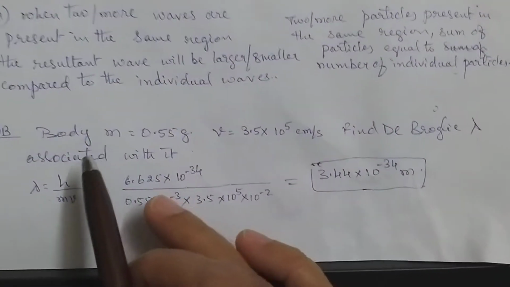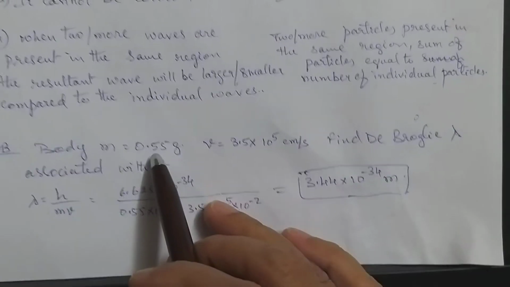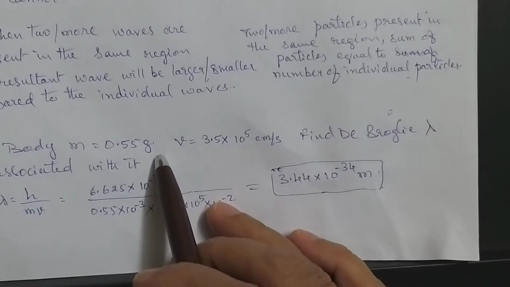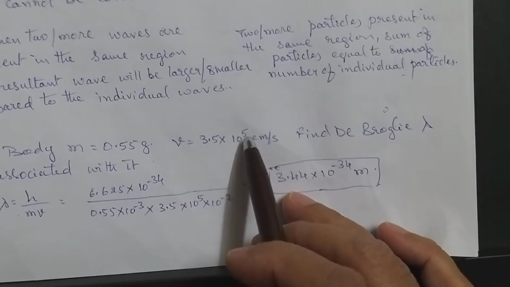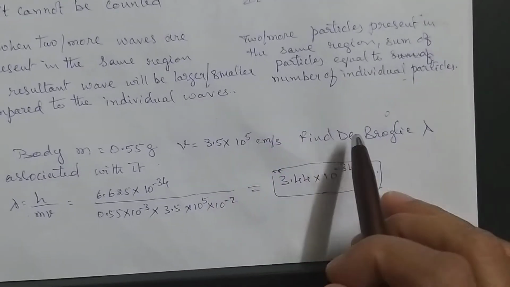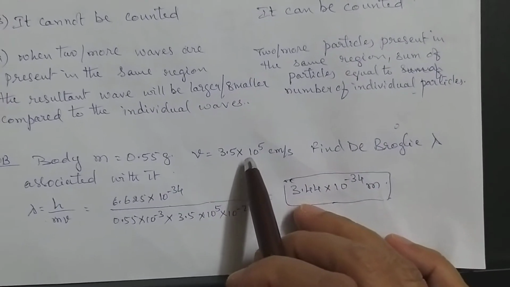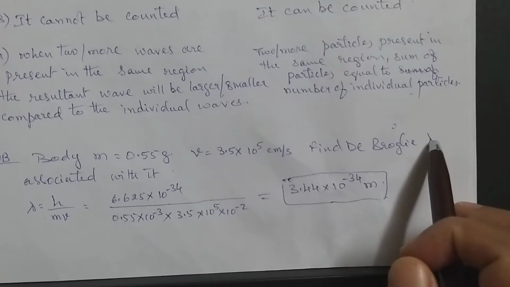Now here we have given a problem for you to understand what we have read. Here is a body of 0.55 grams moving with velocity 10 to the power 8, which means near light velocity. So it is moving with this fast velocity, then it is nearing the wave nature, so the de Broglie lambda is considerably measurable.